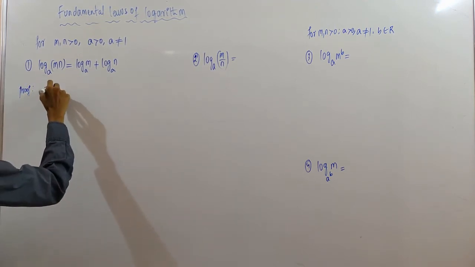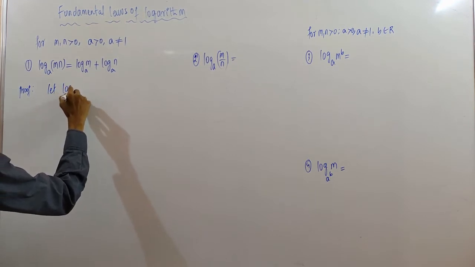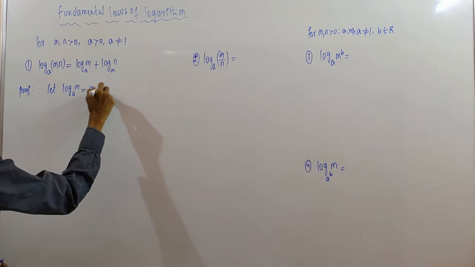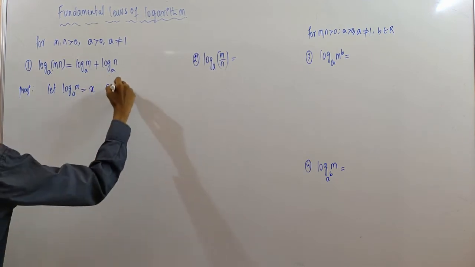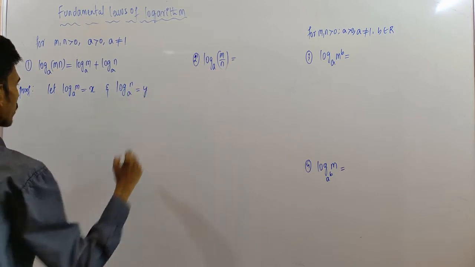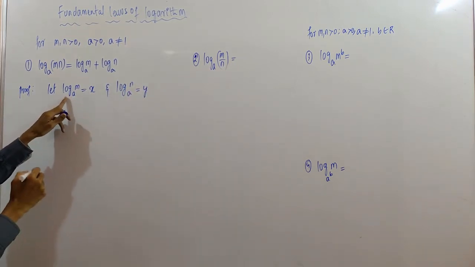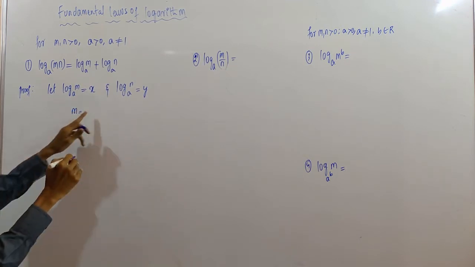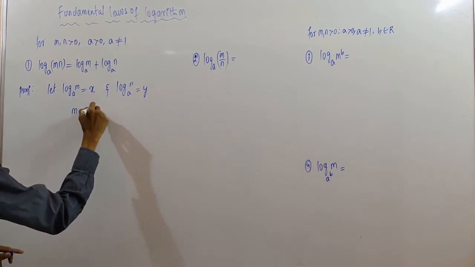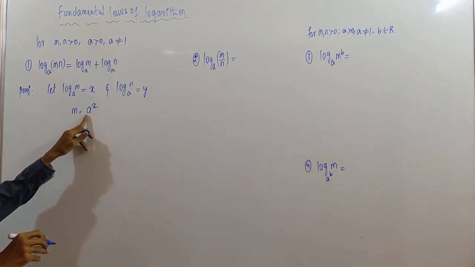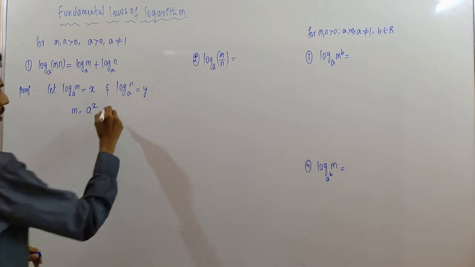Let log m base a value be x and log n base a value be y. Now if we send this log a to that side, it will become a power x.